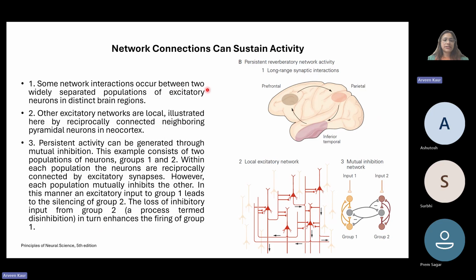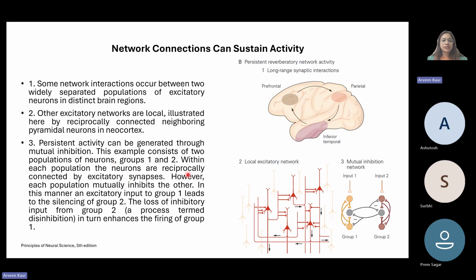Some network interactions occur between two widely separated populations of excitatory neurons in distinct brain regions. As you can see, other excitatory networks are local, illustrated here by reciprocally connected neighboring pyramidal neurons in the neocortex. In the third one, what I was saying is mentioned, right? Persistent activity can be generated through mutual inhibition. This example consists of two populations of neurons. One is group 1 neurons, the other is group 2 neurons.